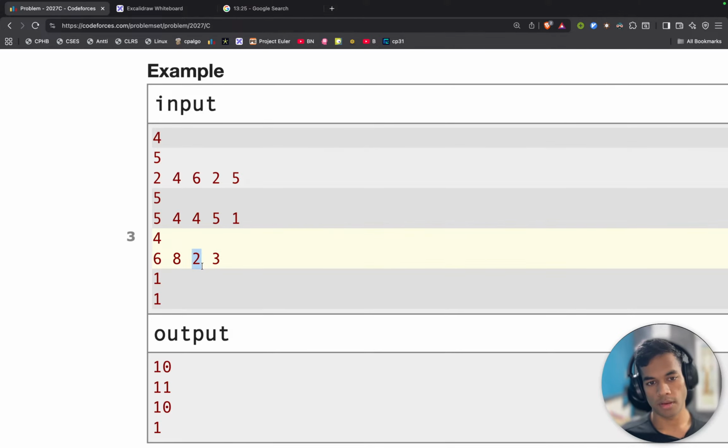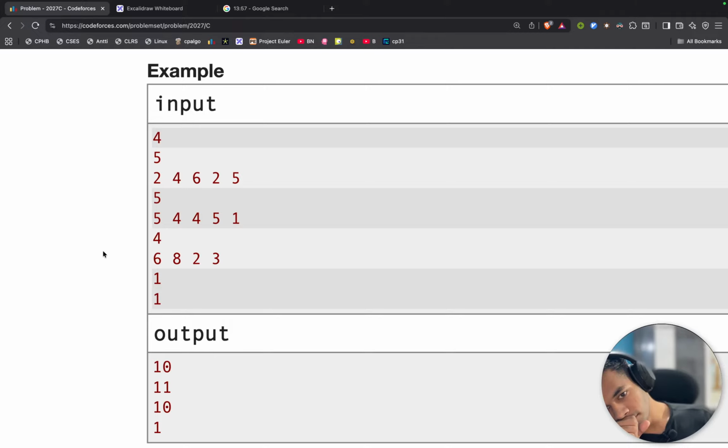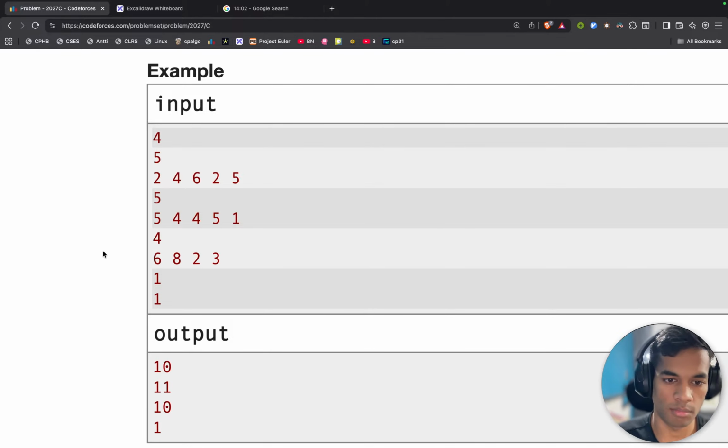Well, that number will introduce new zeros at the end of the array, and the count of new zeros would be equal to the numbers to the left of the number on which we have applied the operation. So the length does change by the number of elements to the left of the current number.